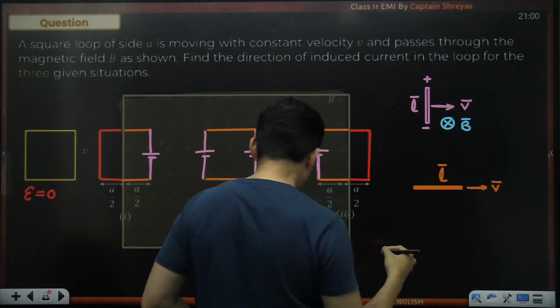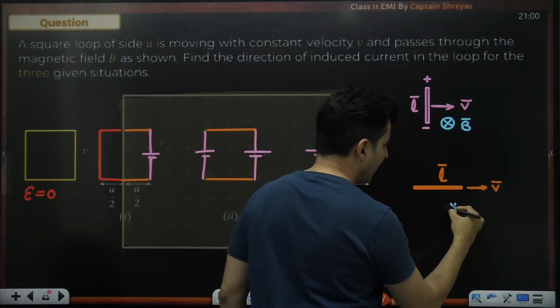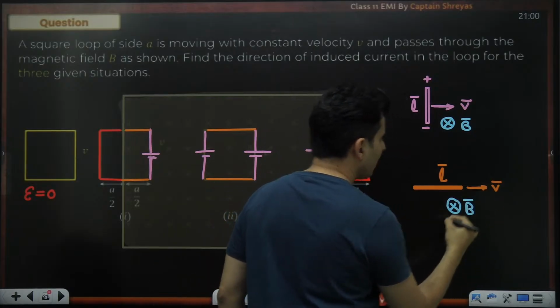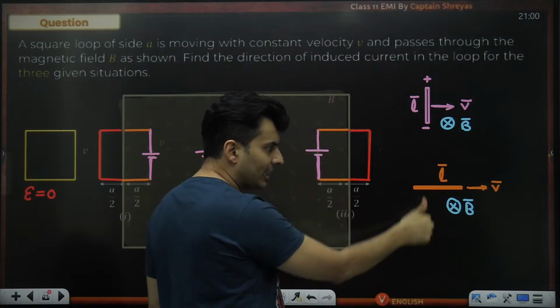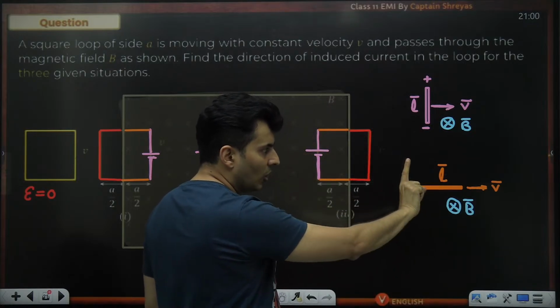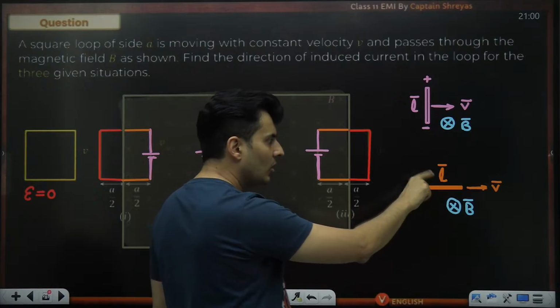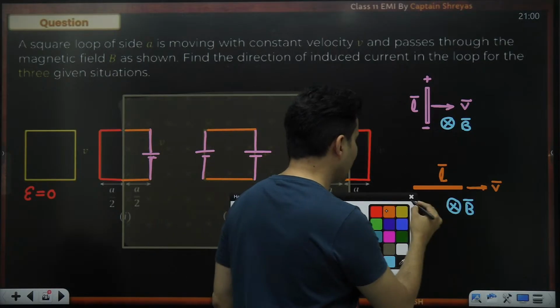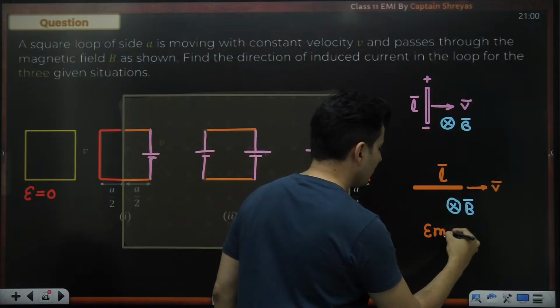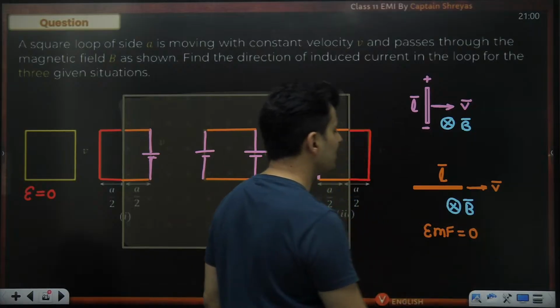So when you do V cross B, magnetic field is inside, the V cross B vector comes up. So when you do the dot product with length, the answer will be 0. So it will not produce any kind of EMF. So the EMF in that part will be 0.